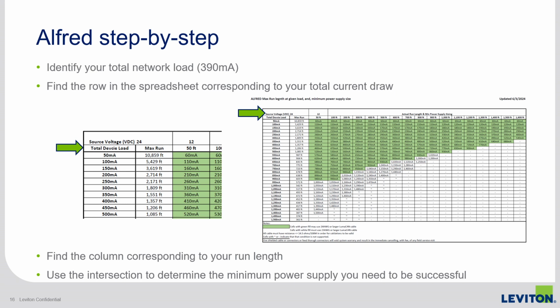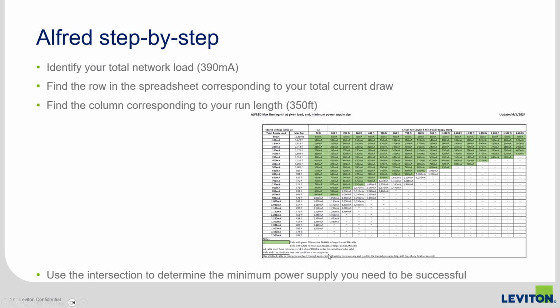So the next highest block is going to be that 400 milliamp, and that's going to identify the row that we want to look at. Now, I'll show you that your max run right here, 1,357 feet, is the maximum run you can go to stay above that minimum 12 volt limit. So more on that later.